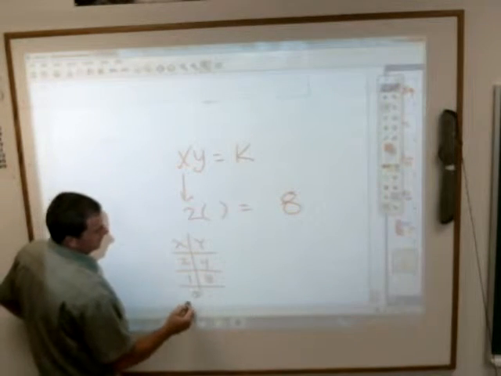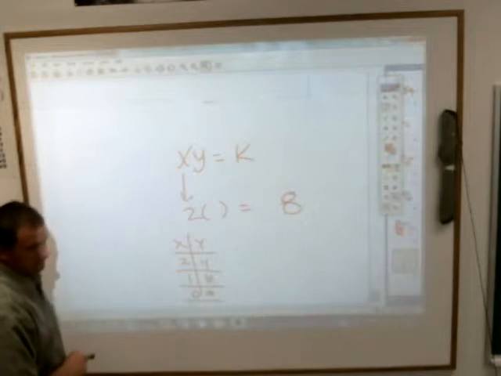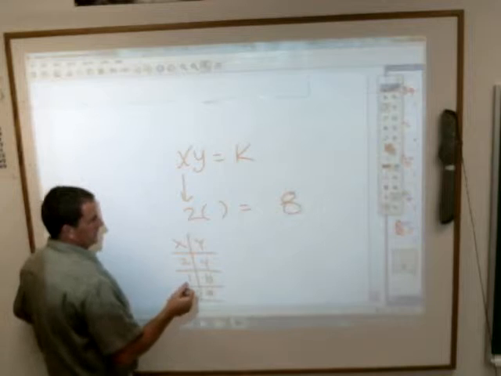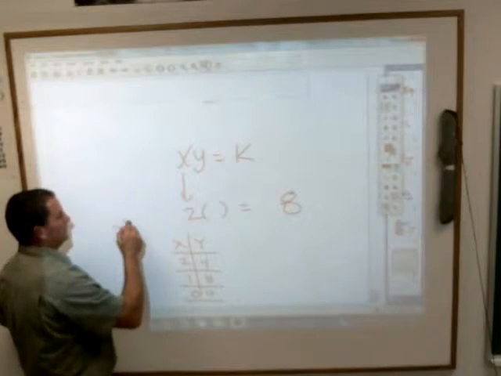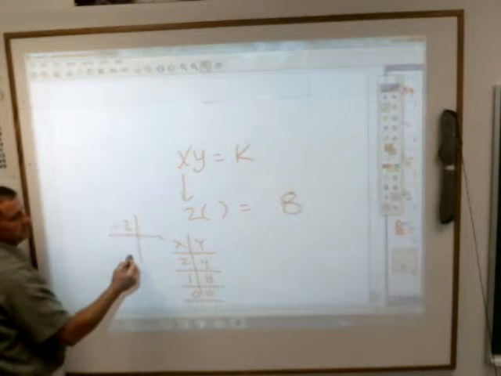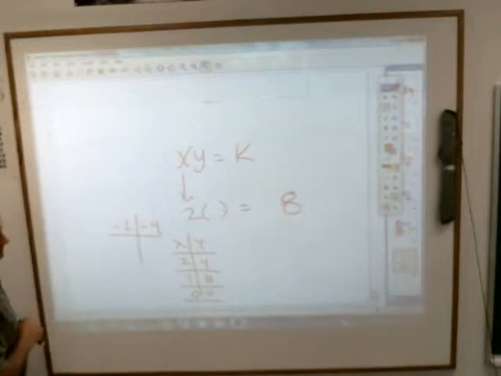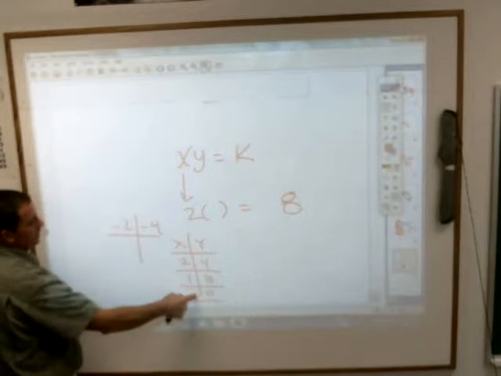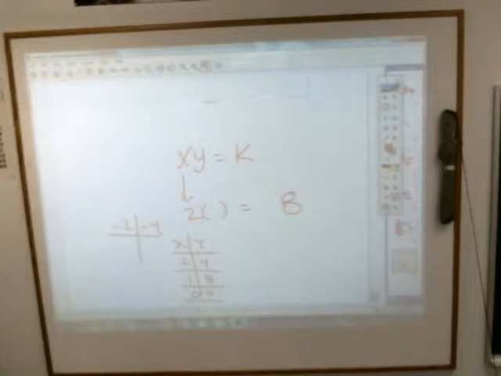If x is 0, what is y? Still going through that origin. If x was negative 2, y would be negative 4. Did y go down, x went up? I'm not so sure we can use negative numbers with this, actually.